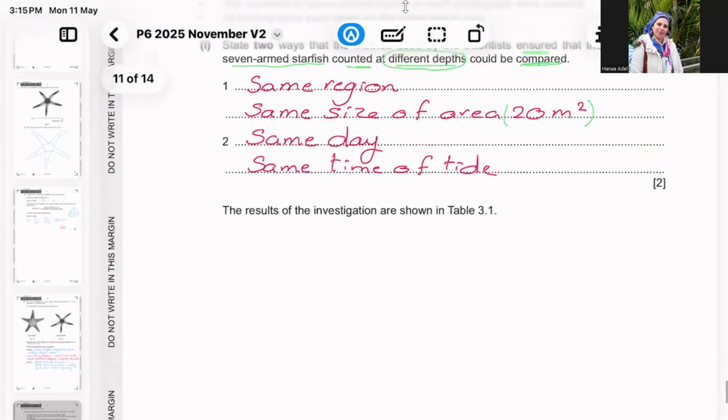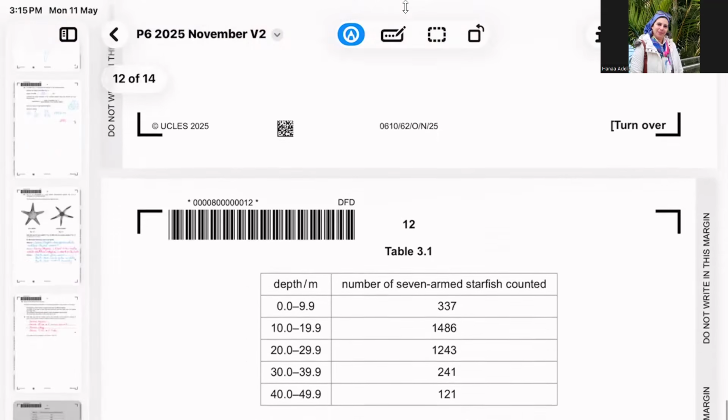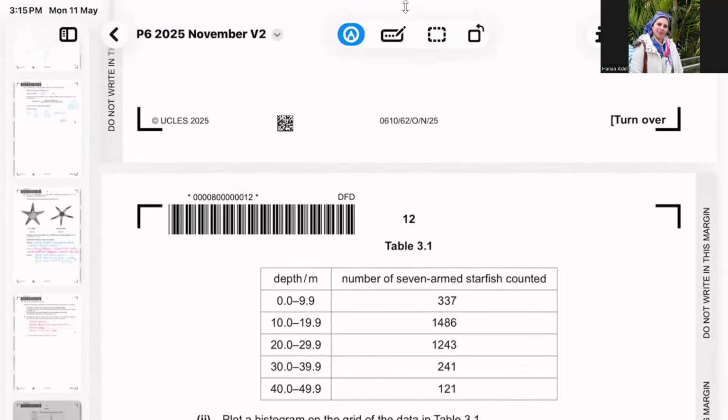The results of the investigation are shown in the table. They give us the depth in meters, and if you concentrate, we can find that it's in a range form. We know that if we find any range, we have to draw a histogram or frequency diagram. What is a histogram or frequency diagram? This is a diagram using bars that touch each other.